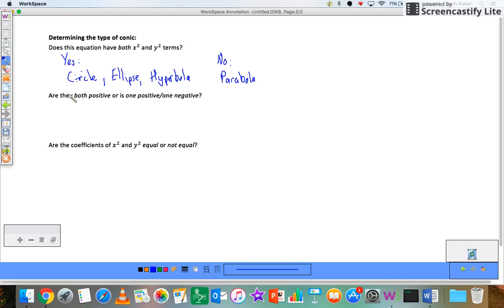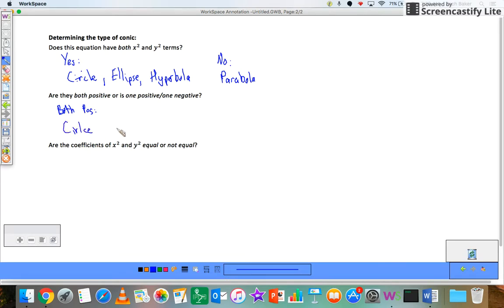Question number 2: are they both positive, or is one positive and one negative? Now essentially the parabola is done, so we're just talking about circle, ellipse, and hyperbola. If both x squared and y squared are positive, it's one of two possibilities.